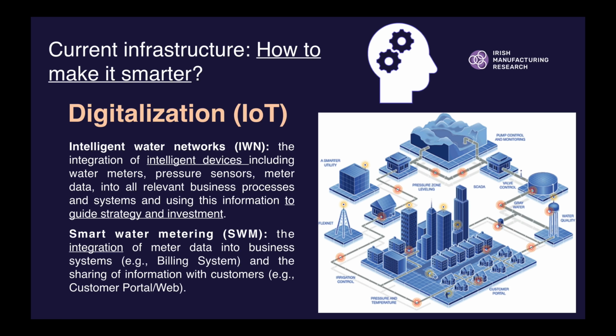It works perfectly together with SWM, smart water metering. This integration provides a very intelligent device with business information related to cost and also customer information, for example, billing systems or customer web portals.